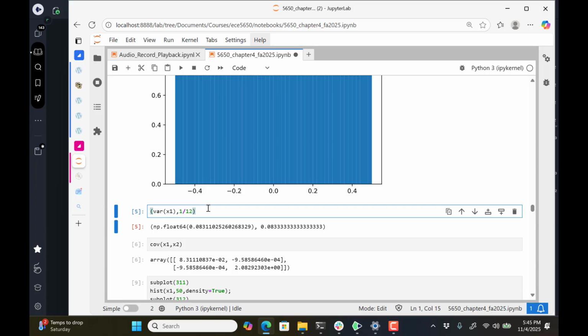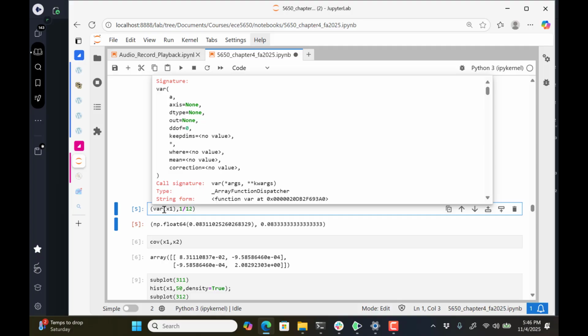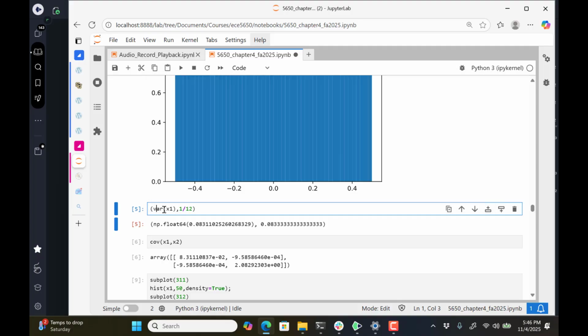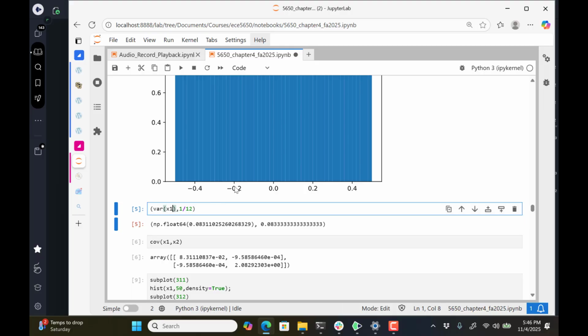Does that tweak your brain, or did you just plain remember that? So if the width is 1, 1 over 12 is 0.083, and if I go ahead in here and use the variance operator, which is available when we import all of NumPy, you see the numbers match each other pretty well. So what would happen if I put in 3 in here?